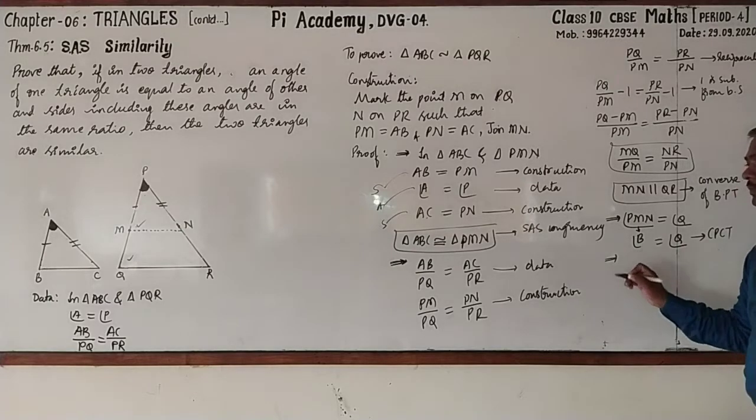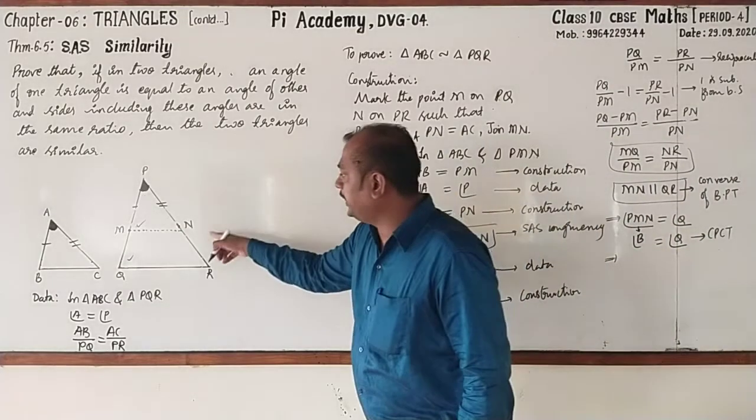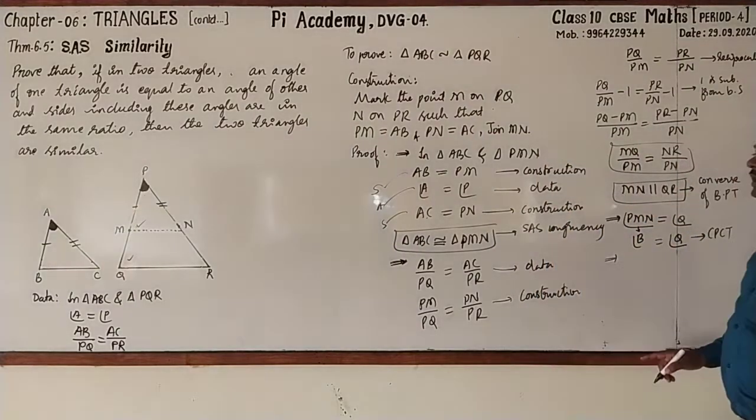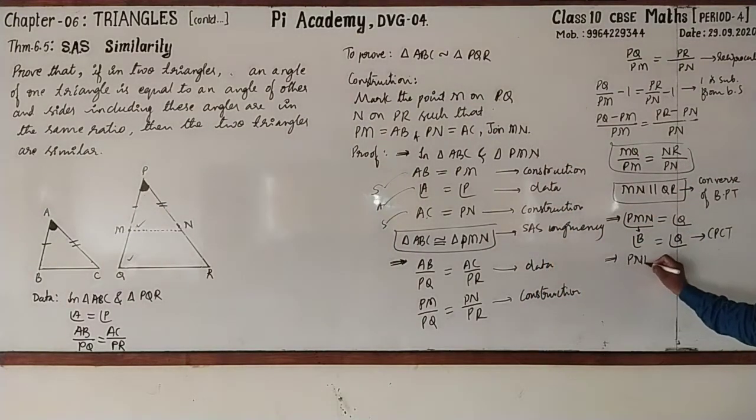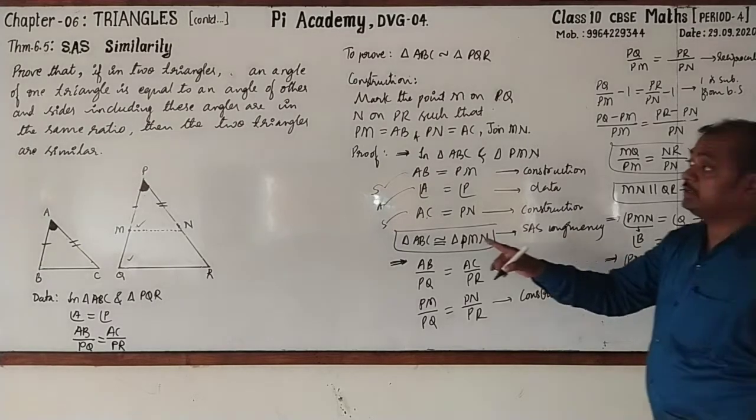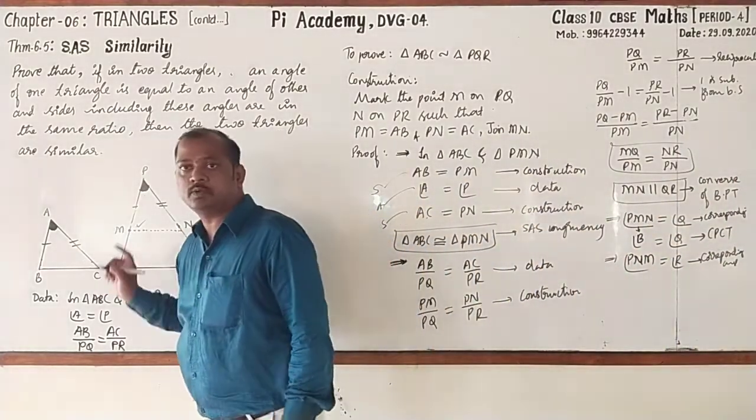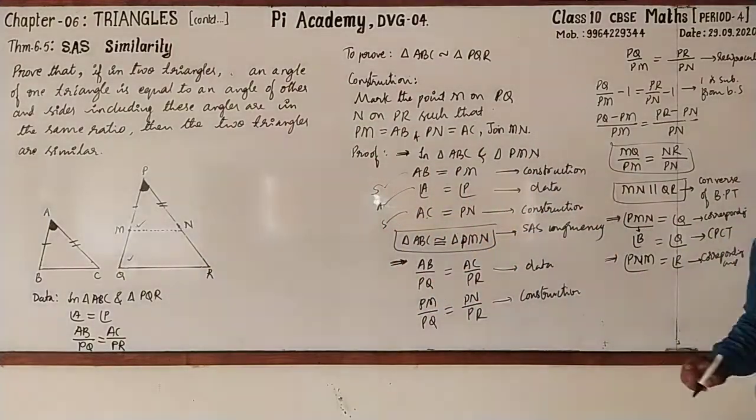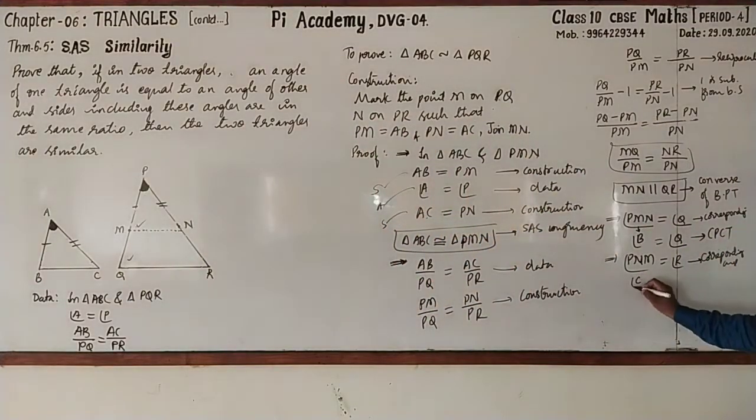Next, another angle PNM is equal to angle R. What is the reason? Reason is corresponding angles. What is PNM? Angle PNM is equal to angle C, again from CPCT. Angle C is equal to R.